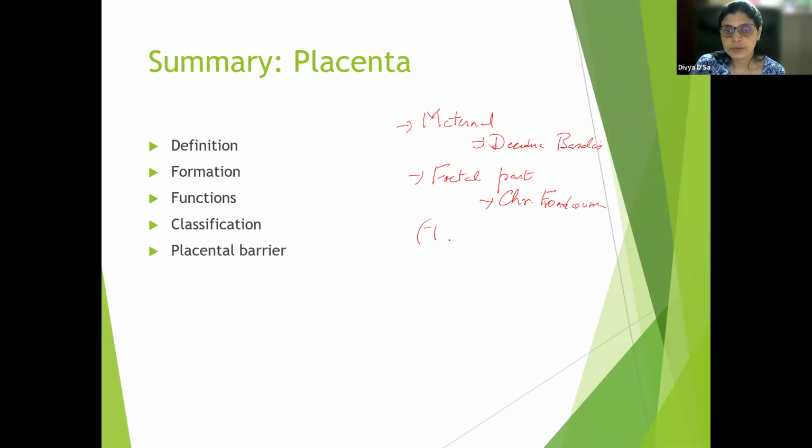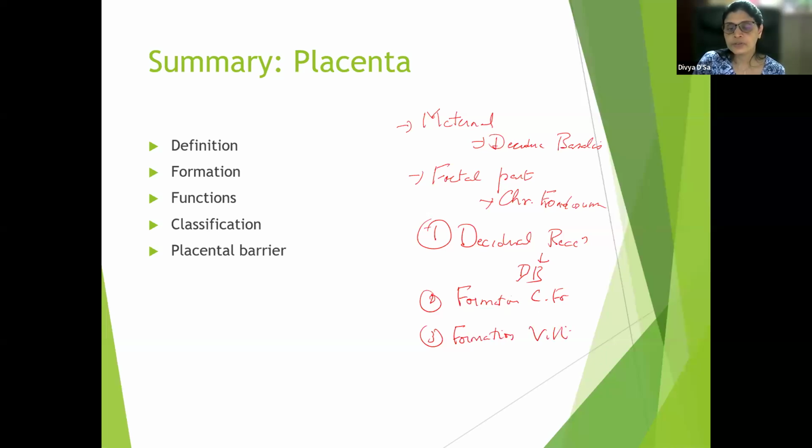First, the decidual reaction, leading to the formation of the decidua basalis. Then we have the formation of the chorion frondosum. Third, formation of the villi, different stages of the villi.